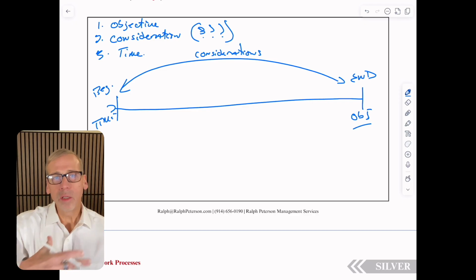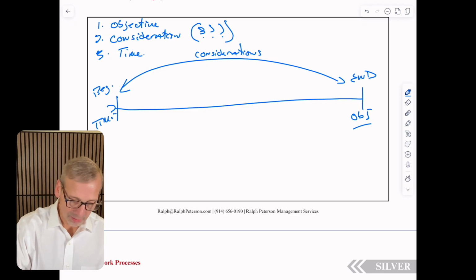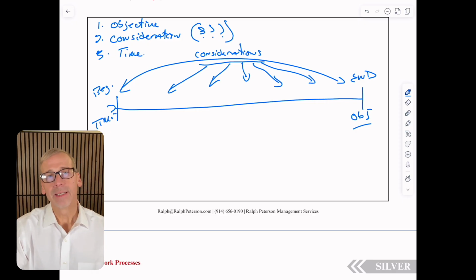We take all of these considerations, and we establish timelines, checkpoints, and key performance indicators.